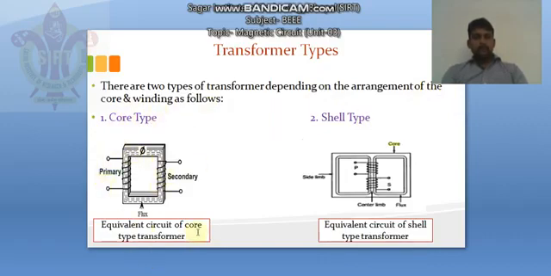This is the equivalent circuit of core type transformer and this is the equivalent circuit of shell type transformer. In core type transformer, at the outer limb we have one primary winding and in the outer limb of that core we have also a secondary winding. But in shell type, in the center limb we have primary as well as secondary winding both wound on the same limb.